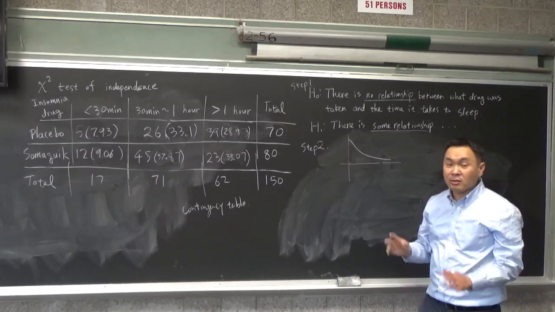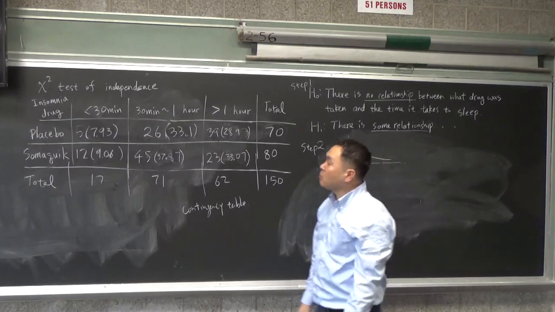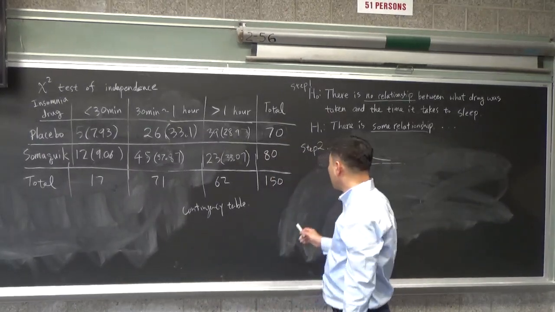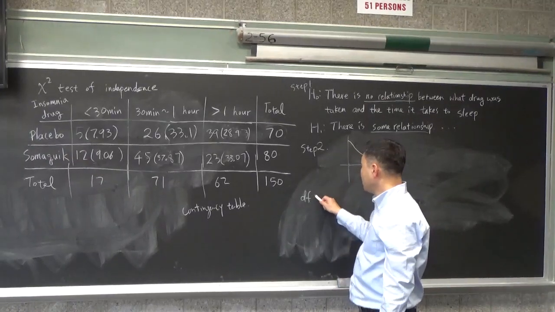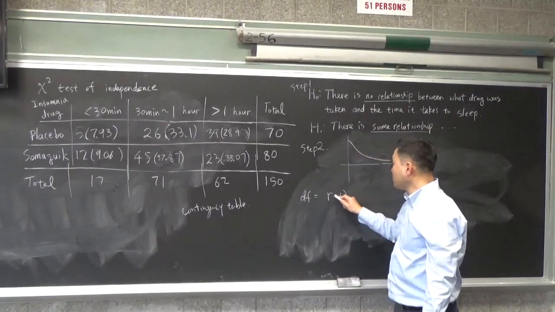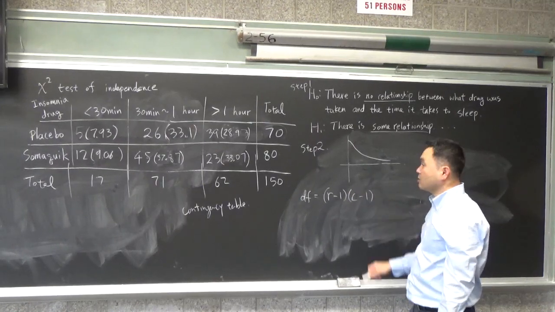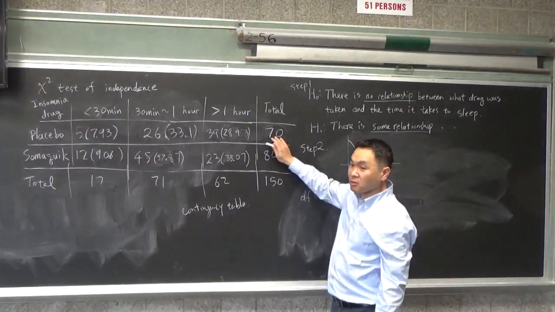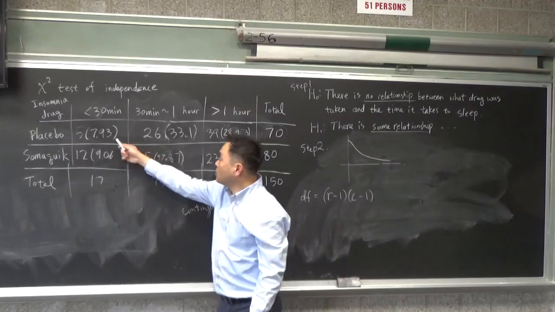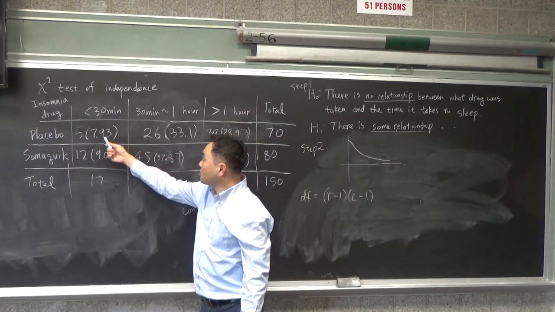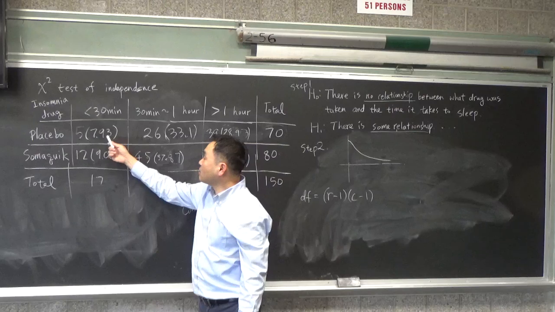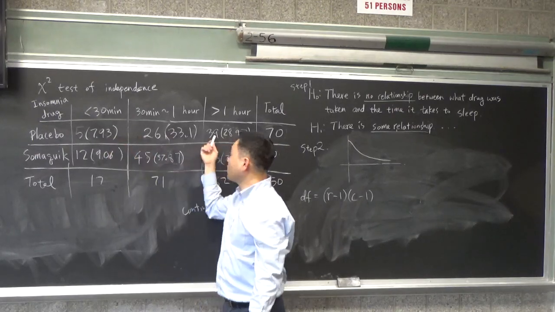Okay? Now in general, the formula for the degrees of freedom in a chi-squared is row number minus 1 times the column number minus 1. Because you know the sum of it, if your column is 3, you have 1, 2, 3 columns.